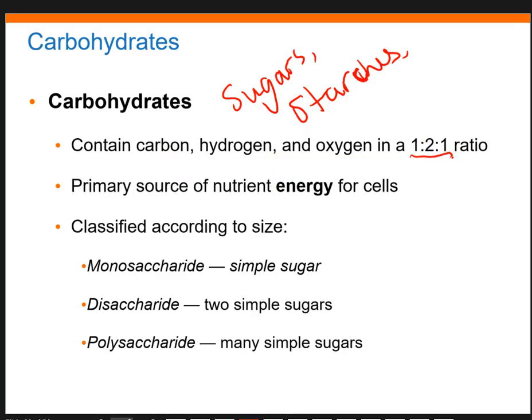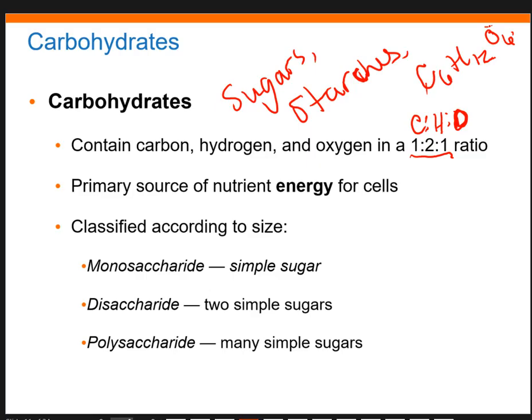What that means is for every 1 carbon, there are 2 hydrogen and 1 oxygen. So there should be the same number of carbon and oxygen, and there should be twice as many hydrogen. For example, glucose, which is the most common sugar that we'll talk about. Glucose, the chemical formula is C6H12O6. That means there are 6 carbon, twice as many hydrogen, and 6 oxygen.